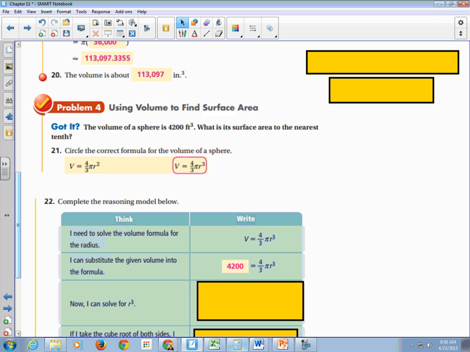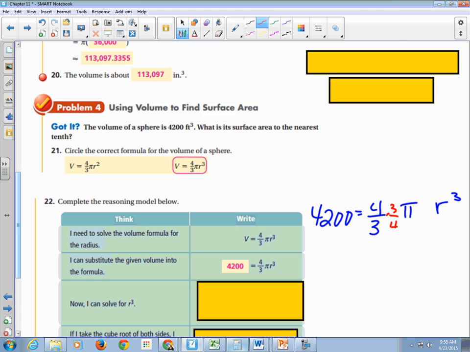The hardest part is the algebra on this component. If I have a fraction, to get rid of the fraction, I have to multiply by the reciprocal. So I get 3 times 4,200 divided by 4 equals pi r cubed.